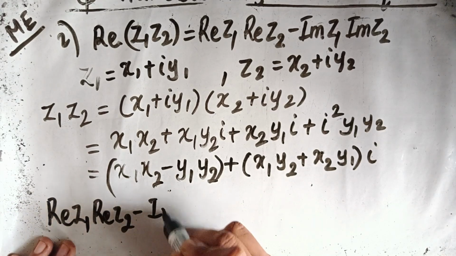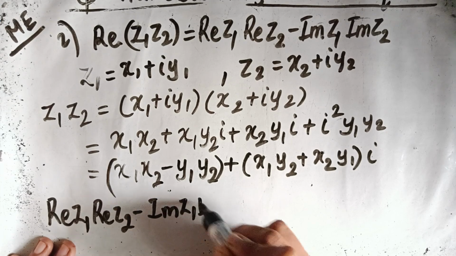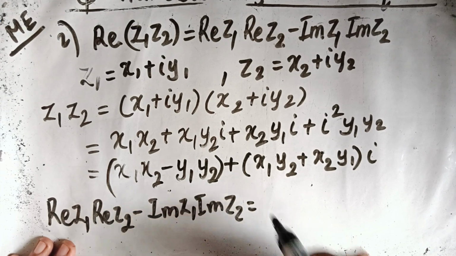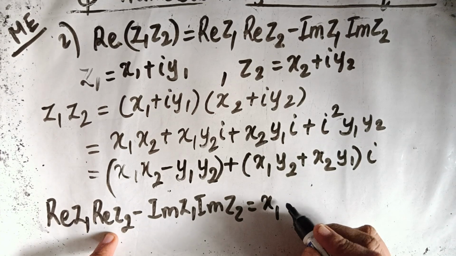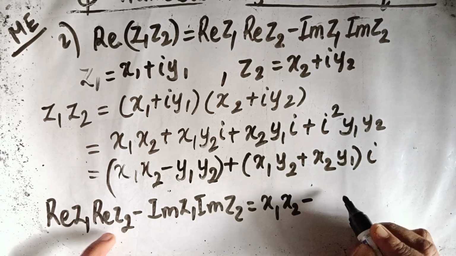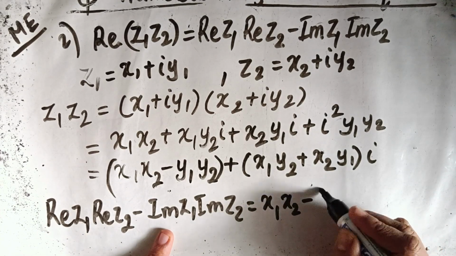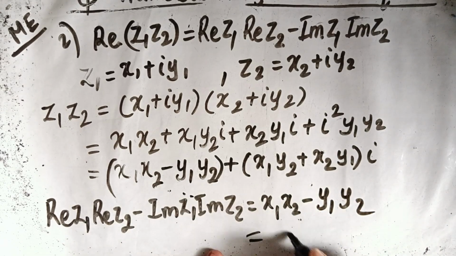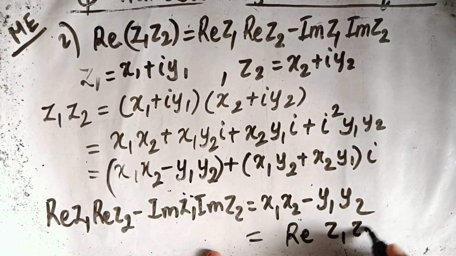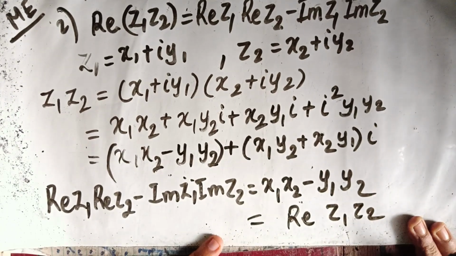Real part of z1 is x1, real part of z2 is x2, imaginary part of z1 is y1, and imaginary part of z2 is y2, and this is same as the right hand side. Okay.